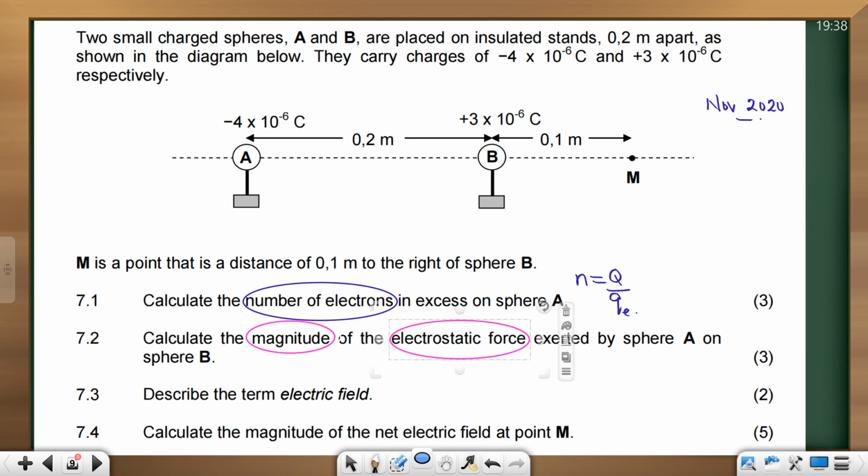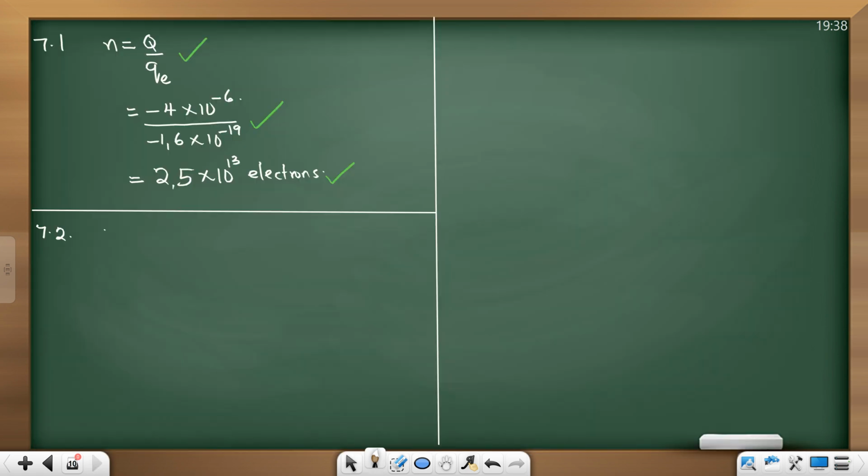We are looking for F exerted by sphere A on B. This is grade 11. Magnitude of the electrostatic force. We know our formula. What is F? F equals K QA QB over R squared.